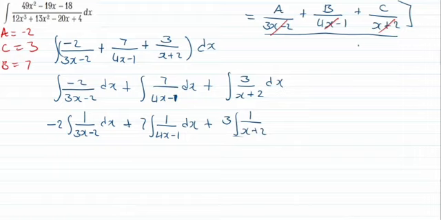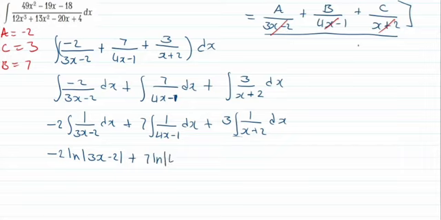With this, it's easy now to integrate because you know that it's 1 over, it's bottom heavy, so we can use natural logs. So here we're going to have -2 ln absolute value of 3x minus 2 plus 7 ln natural log of 4x minus 1, then plus 3 ln absolute value of x plus 2.